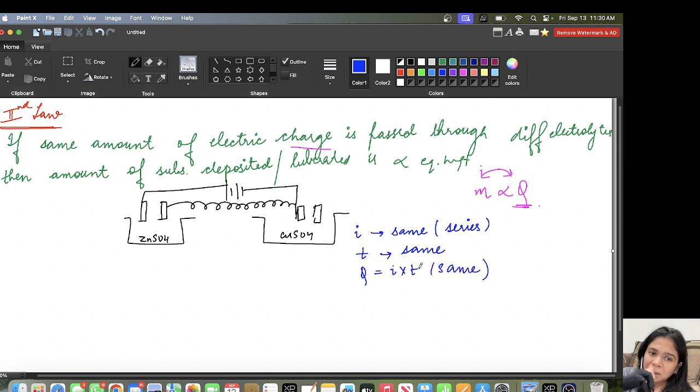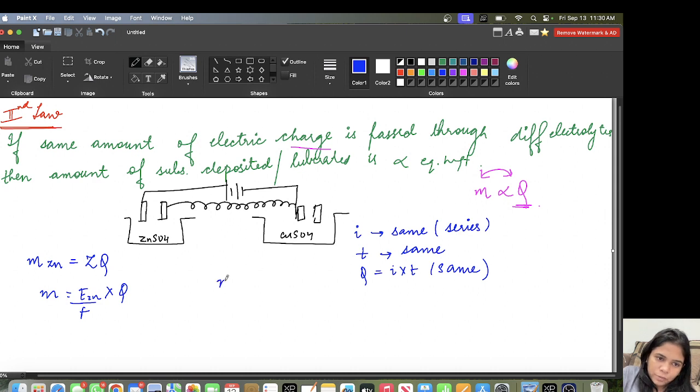So how do you write it? M of ZnSO4 equals Z into Q. M equals E by F into Q, just written for zinc specifically.